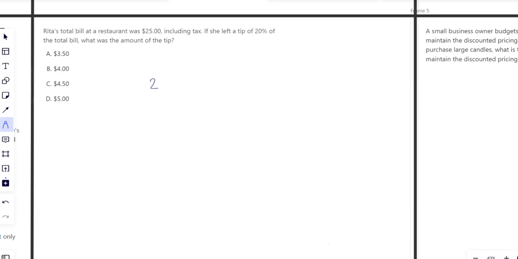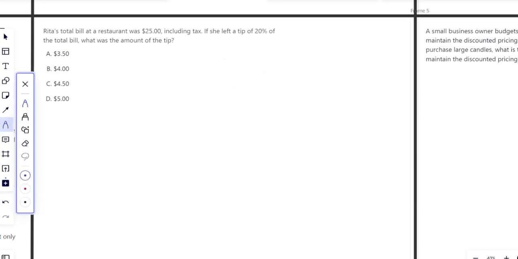Let's see. So $25 is equal to the original price, let's call it x, times 1.20 to capture that 20% tip. Sorry, misunderstanding.